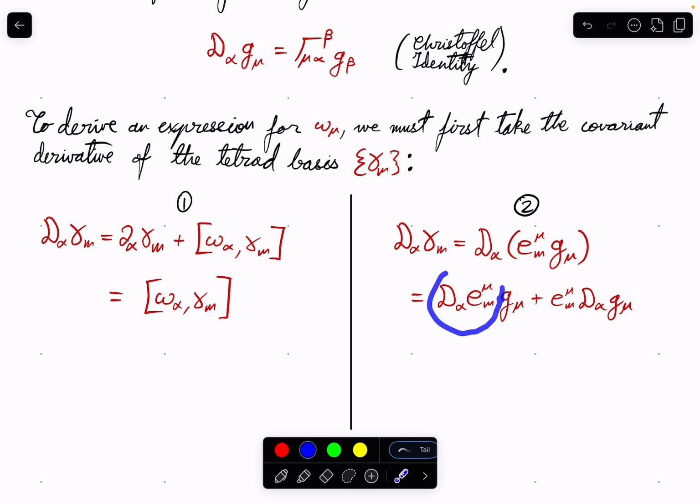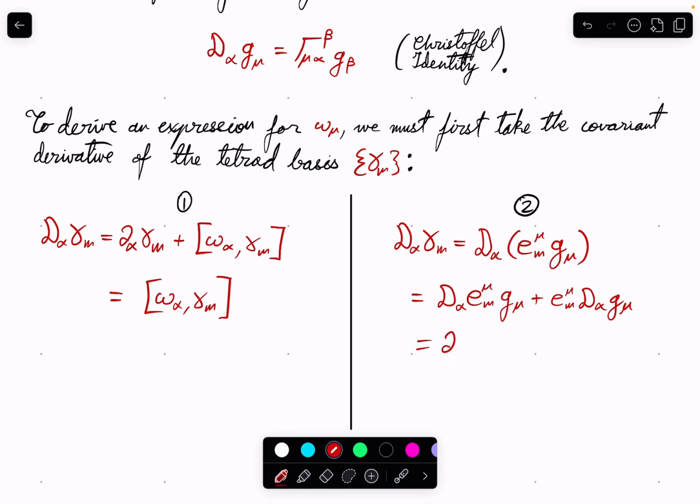But notice here that we have the covariant derivative of a scalar quantity. This right here is scalar. And so for the covariant derivative of a scalar, you're going to have the derivative term, and then you're going to have the connection term. But the commutator of a scalar is 0. So we just are going to end up with this term.